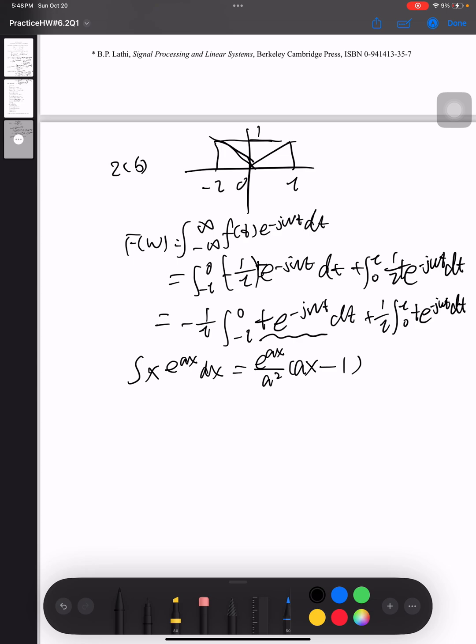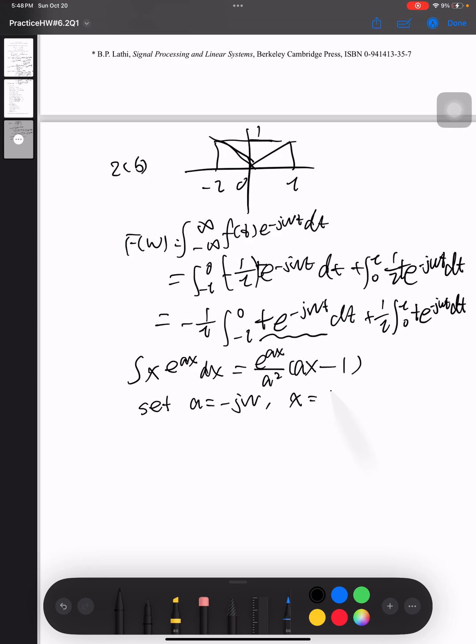Then comparing these two parts, we just set a equals minus j omega and x equals t.